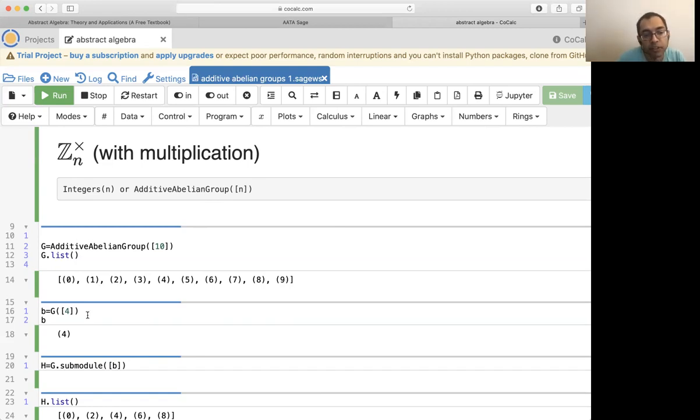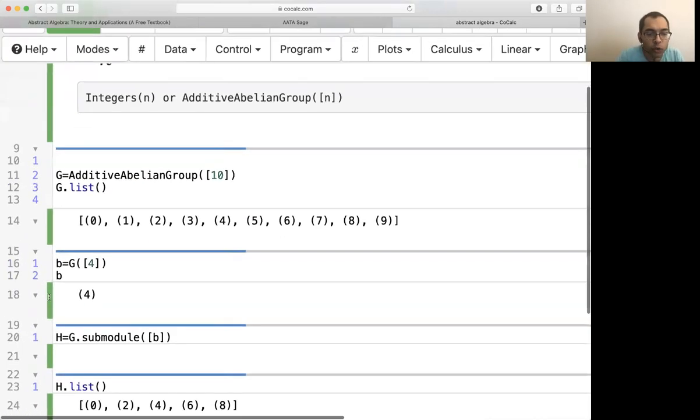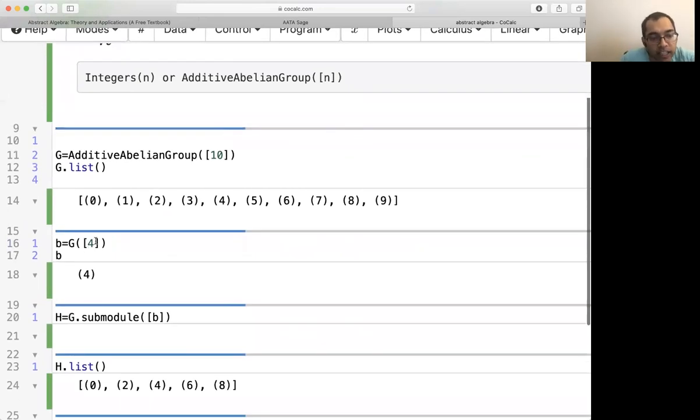Okay, so then we want to pick out one of these, like 4, say. And then you need to do what's called coerce: coerce Sage into thinking that 4 is an element of this group. The way you do that is you take the number 4. Again, because we're working in this additive abelian group, you need to put it into square brackets.